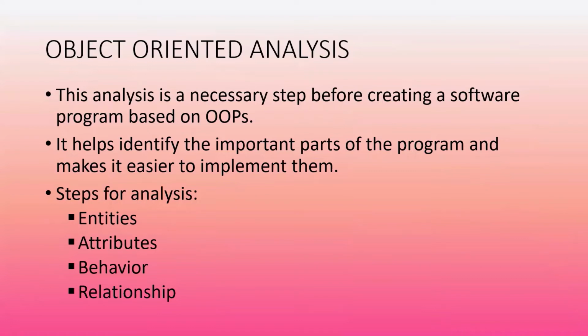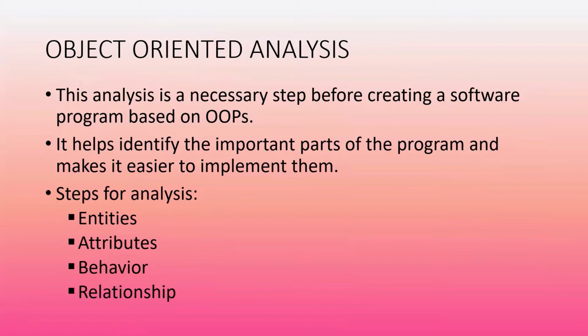Step 1 would be identification of all the entities involved in a problem domain, because the entities are the most important part of an object-oriented program. Step 2 would be defining the attributes of all the entities. Step 3 would be analyzing the behavior of the entities, while step 4 would be to identify the relationships between the entities.